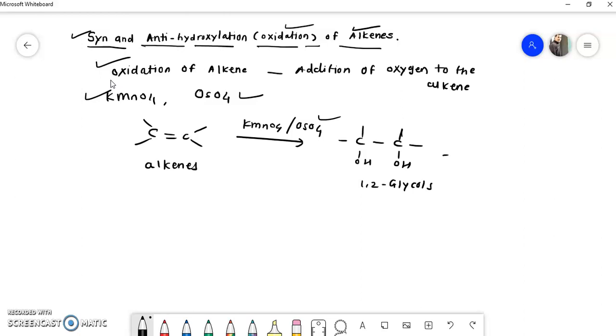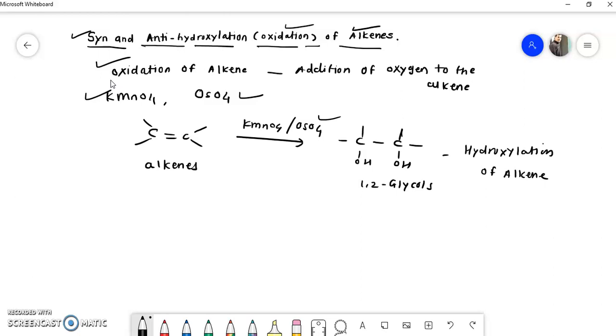This reaction is known as hydroxylation of alkenes, because across this carbon-carbon double bond there is an addition of two hydroxy groups, so it is called hydroxylation of alkenes.